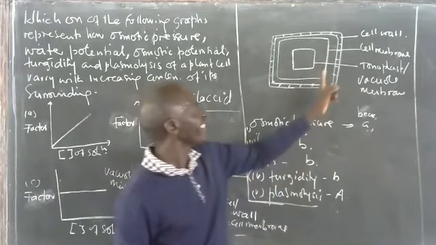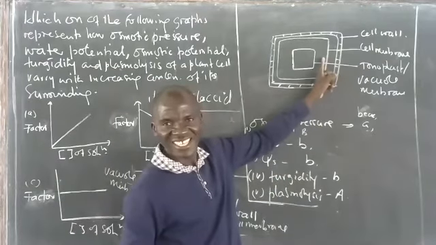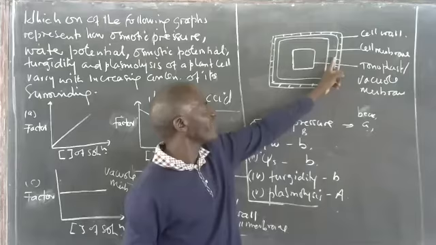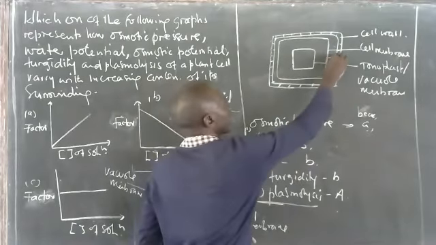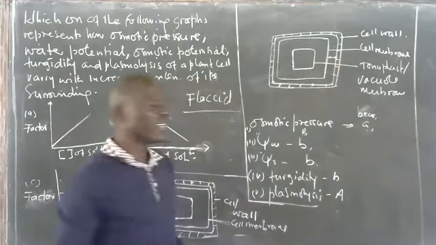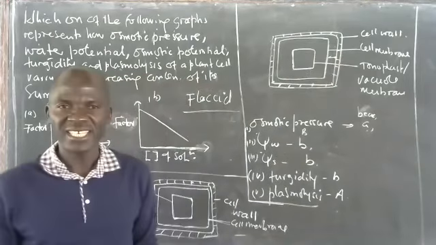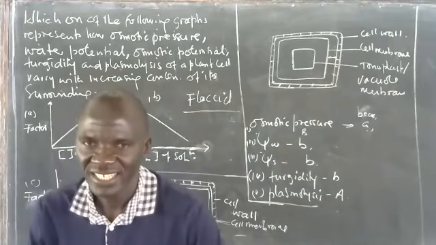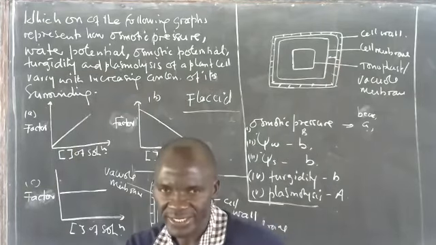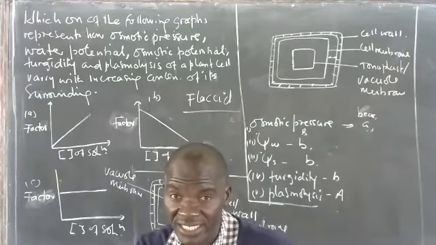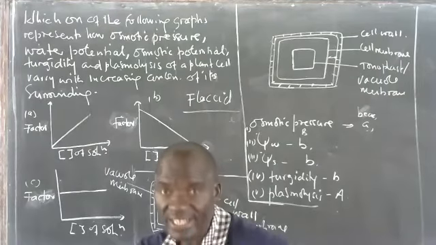So you find that this membrane is the one pulling away from the wall, leaving this gap. And when the membrane pulls away from the wall, then we say the cell is getting plasmolyzed.